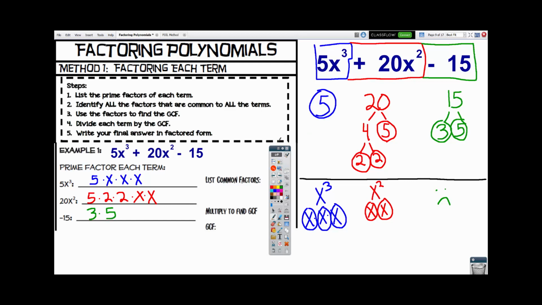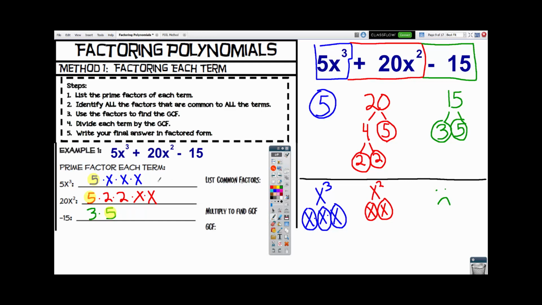We've listed all the prime factors, and now we need to identify the common factors. Okay, so I look in each list, and I see that we have a 5 that we can borrow, and that's it. There is nothing else that we can factor out of this trinomial. Any common factors need to be present in all three lists.